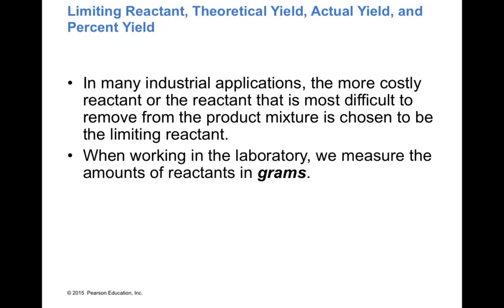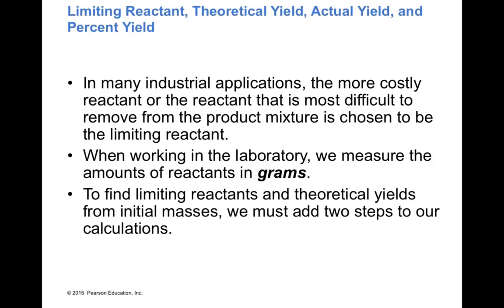When working in the laboratory, we measure the amounts of reactants in grams. To find limiting reactants and theoretical yields from initial masses, we must add two steps to our calculations, the ones that we saw before.